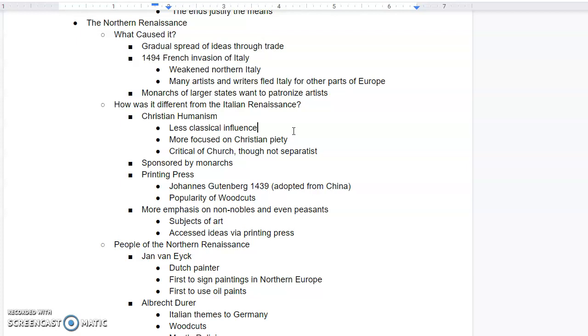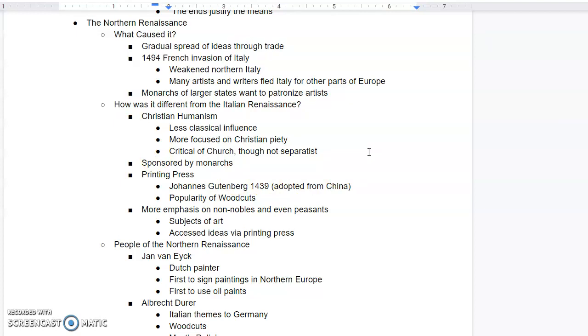But in this Christian humanism, there's this idea that the tenets of Christianity should be applied in such a way as to make life on earth better and less of a suffering experience for more people, and that took a front seat in the way people experienced the church in that time.